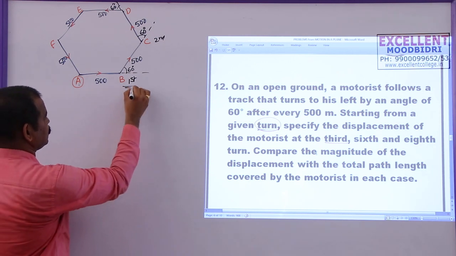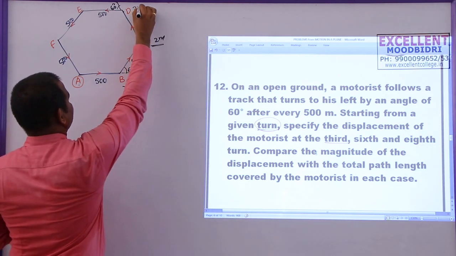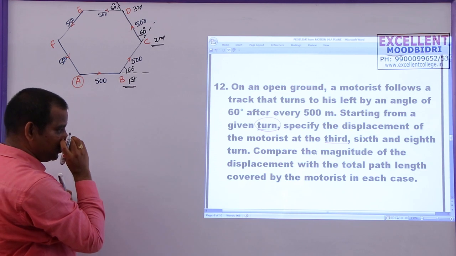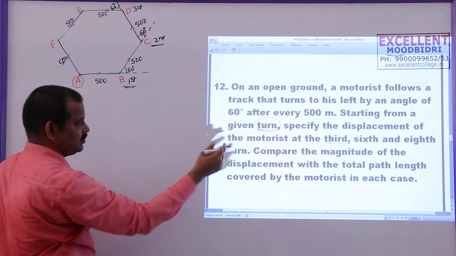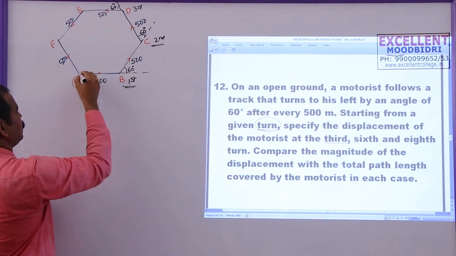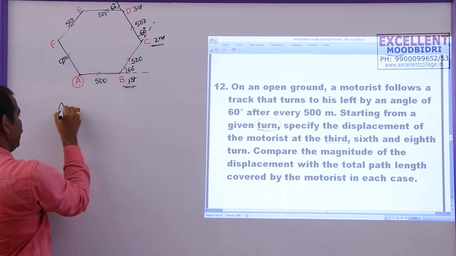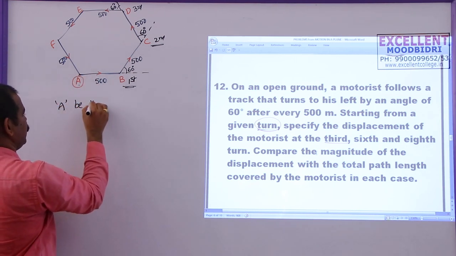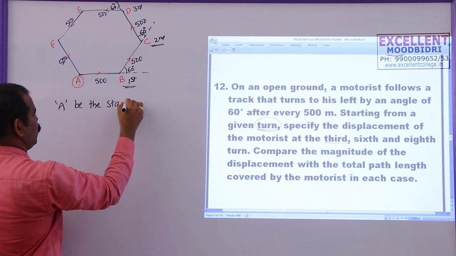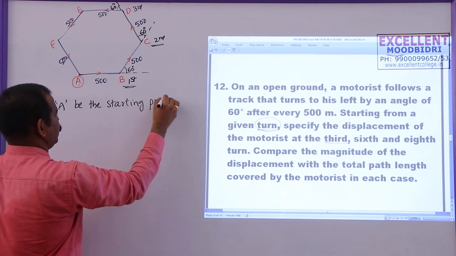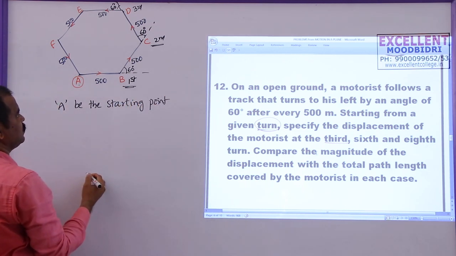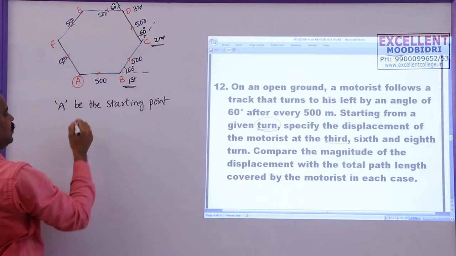Now, what is the third turn? This is the first turn, second turn, this will be the third turn. I need to find the displacement after the third, sixth and eighth turn. So for the third turn, let me take A as the starting point of his journey. B will be the first turn, C the second turn, D the third turn.